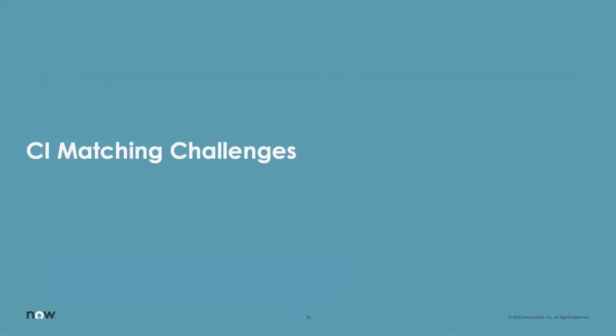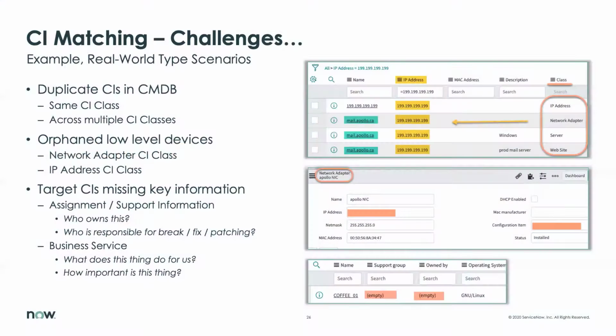So if you go a little bit deeper into the challenges we see here, we have some visuals to represent this. The first one, we keep mentioning duplicate CIs. You could almost slice this two ways. You may potentially see duplicates within the same CI class. So for example, in your Windows Server class, you may have 5 of the same Windows servers.